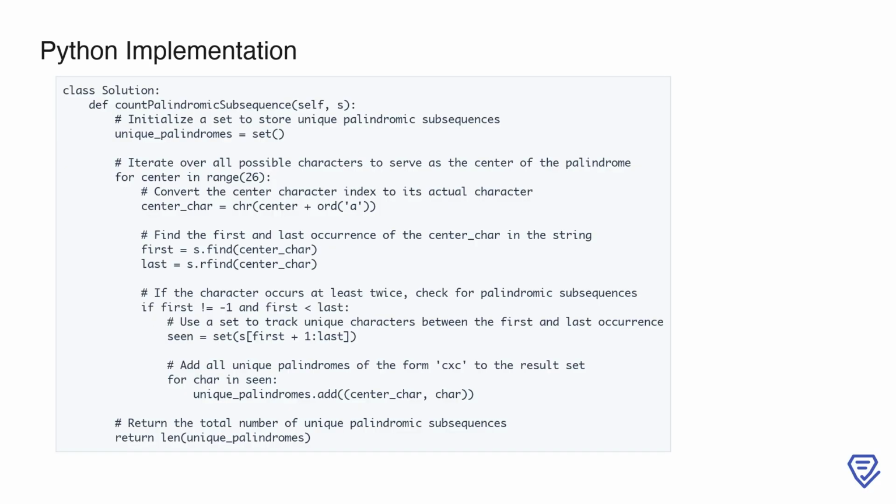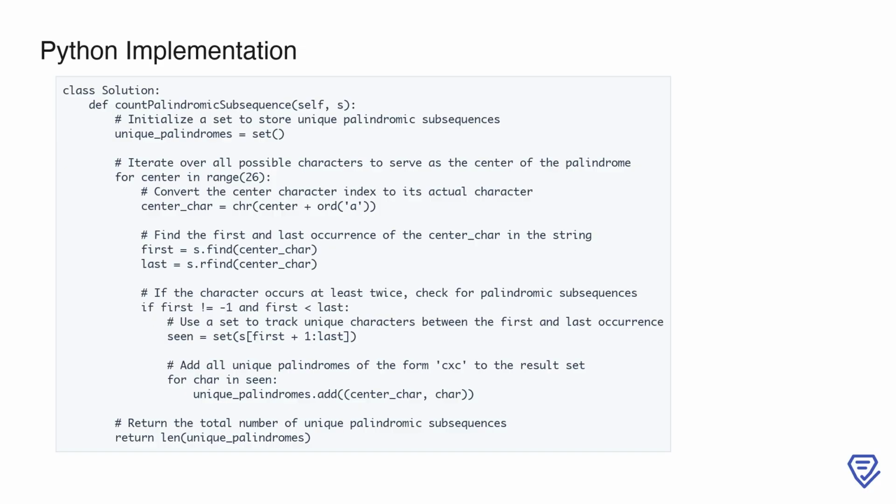The function starts by initializing an empty set to store unique palindromic subsequences. The algorithm iterates over all possible lowercase alphabet letters, 26 in total, treating each as the center of the potential palindrome. For each letter, it identifies the first and last occurrence of the character in the string.